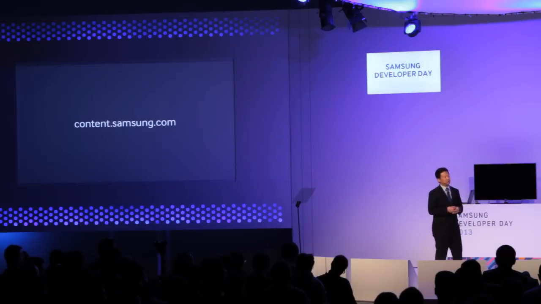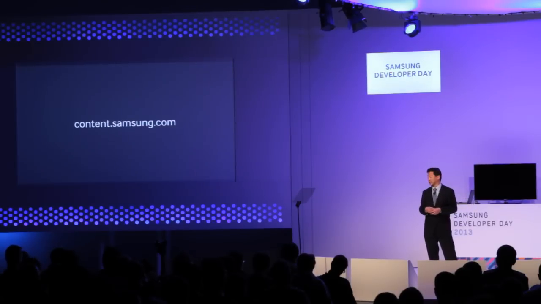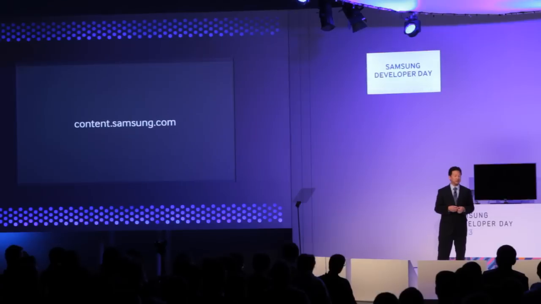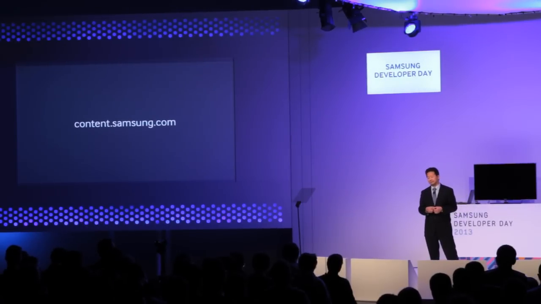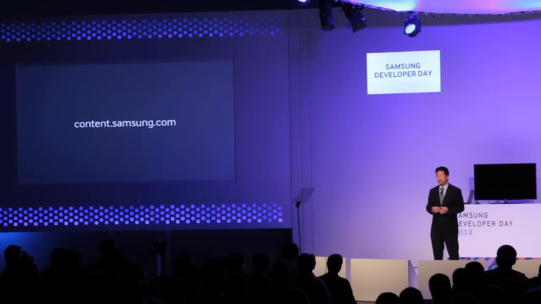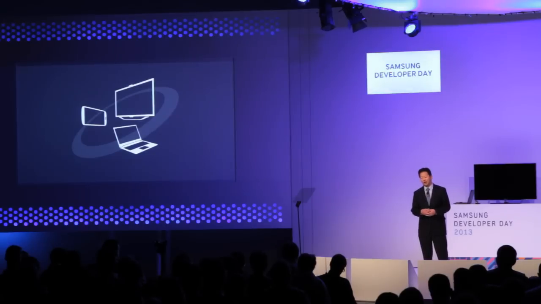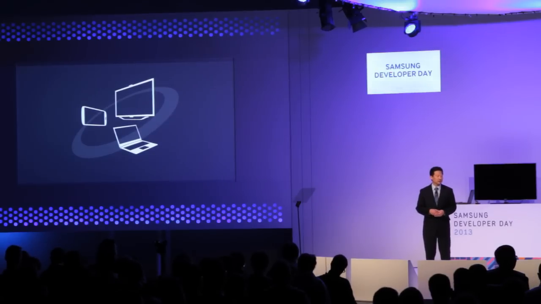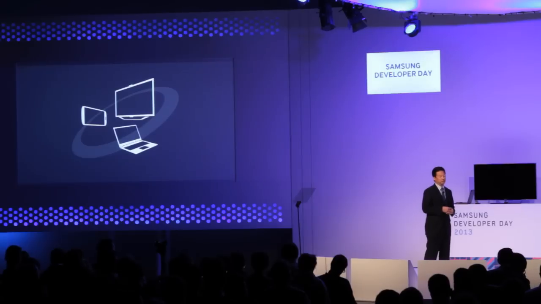We talked about 3 new services. Now we will briefly tell you about new capabilities in 2 services that already exist today. AllShare Play, a service that lets you enjoy content on various smart devices, and our global messaging service, Chat On. AllShare is all about how we connect a wide variety of devices and provide a smarter and more convenient experience for our users.